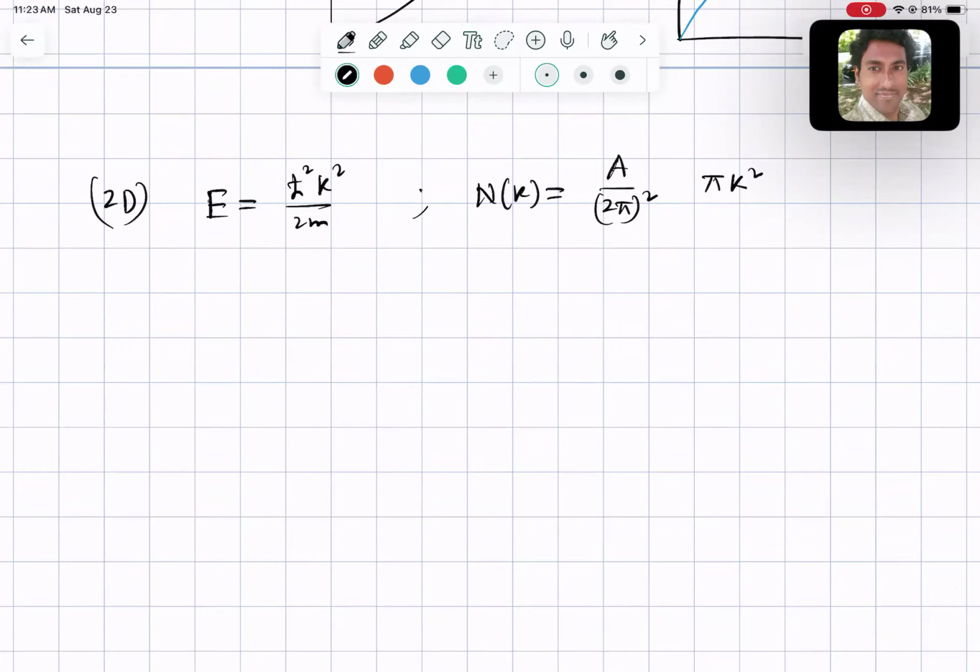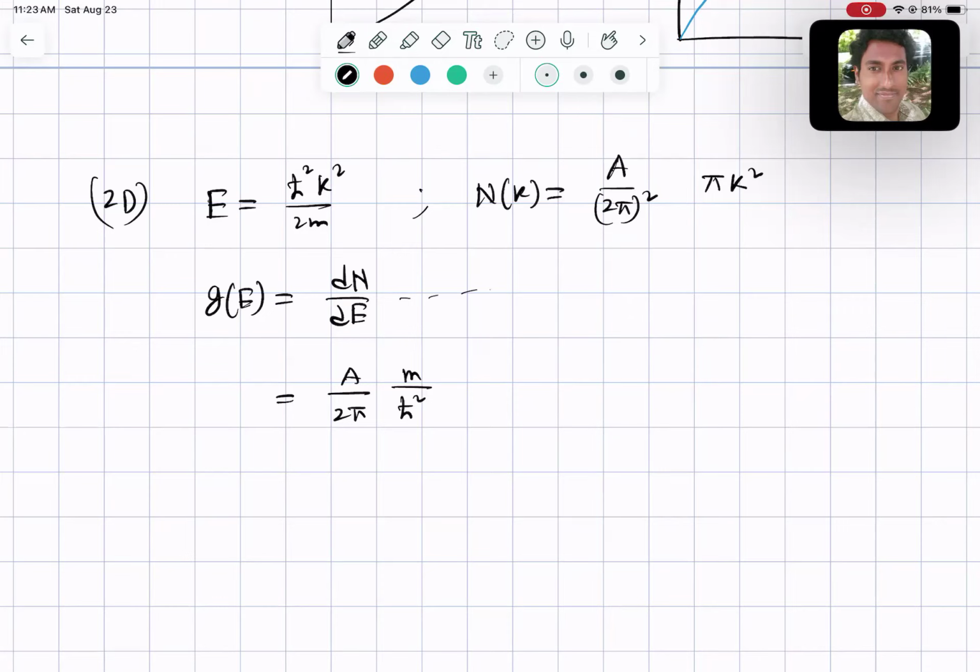But if this is n of k and that's the E for the 2D case, and you compute g of E by dn over dk dE, in the same way, you'd see the density of states would be A over twice pi, m over h bar squared, and that's it.